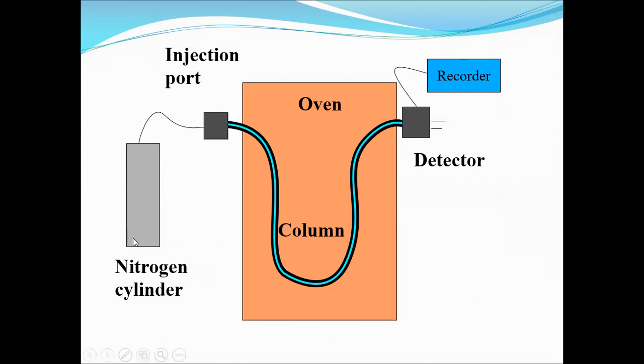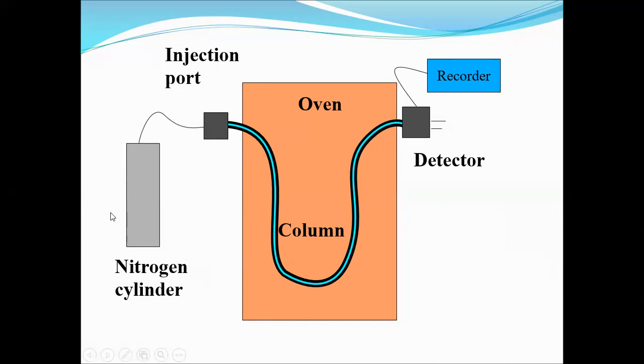So this is the way you do it. This is the experimental setup. The sample is injected through the injection port. It goes along the column, which has the stationary phase, maintained in the oven. The nitrogen gas, the inert gas, is the mobile phase.